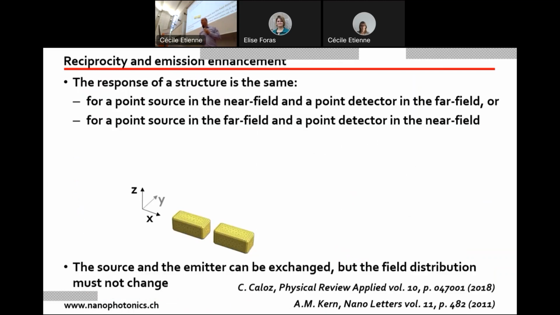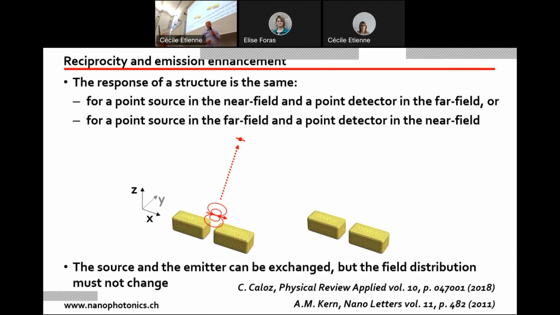There is also, briefly, a way to use this type of calculation to check the accuracy of your results. As mentioned, the only reference solution we have is just a sphere. If you want to check whether your solution is accurate for this type of structure, which could be here a real plasmonic antenna, you can use something called reciprocity.